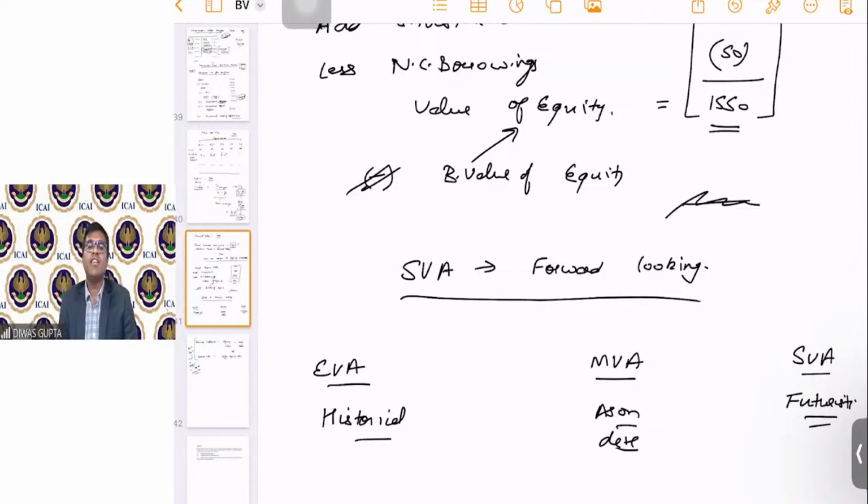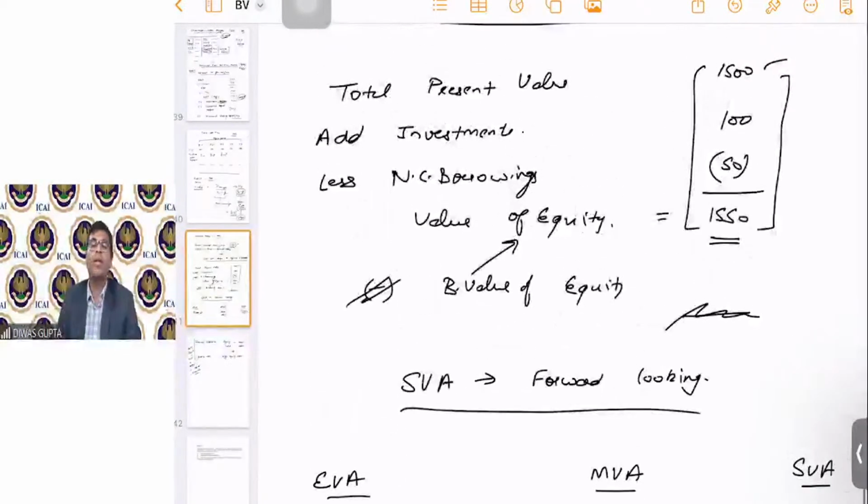And in SVA, we just now saw non-current borrowings are reduced straight away. So EVA, MVA, SVA, all are from the viewpoint of equity shareholders or the wealth that is getting generated for them, students. Okay, clear? I hope the broader concept is clear.